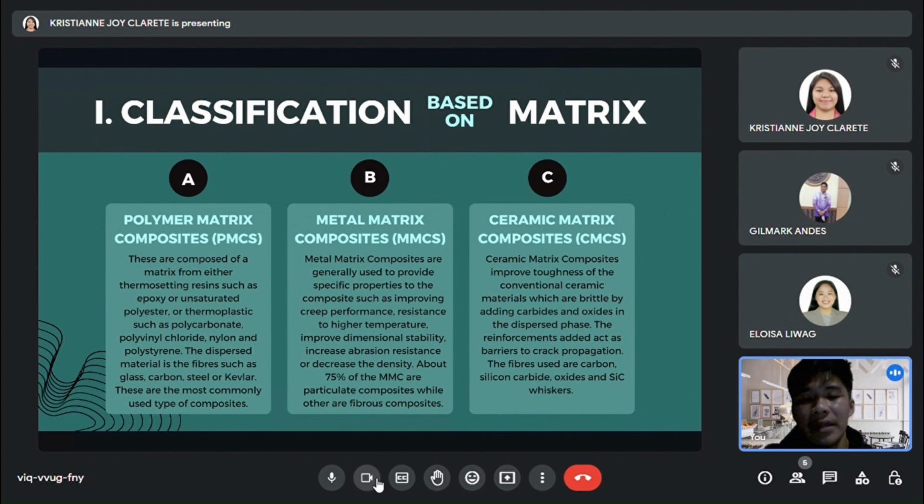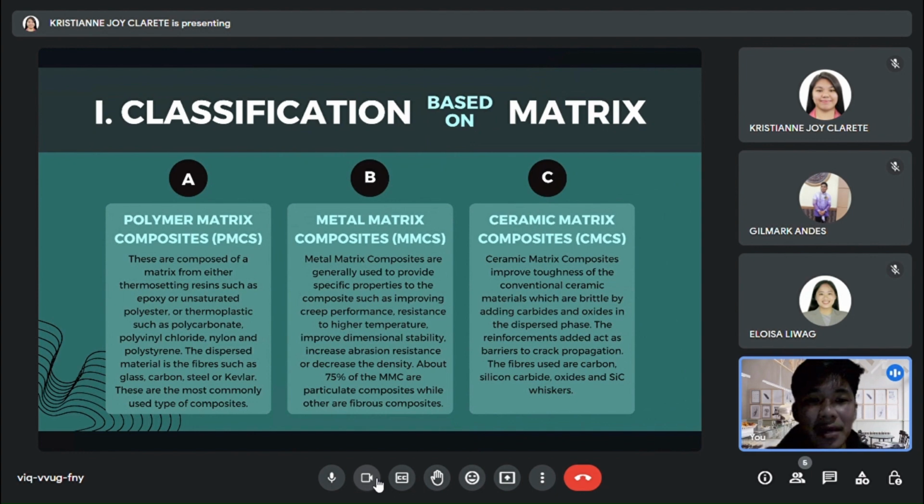These are composed of a metallic matrix such as aluminum, magnesium, iron, etc., with a dispersed fiber that could be either metallic or ceramic. The metallic fiber examples are tungsten, molybdenum, lead, and etc. The ceramics reinforcement are oxides and carbides such as cemented carbides and other cermets.